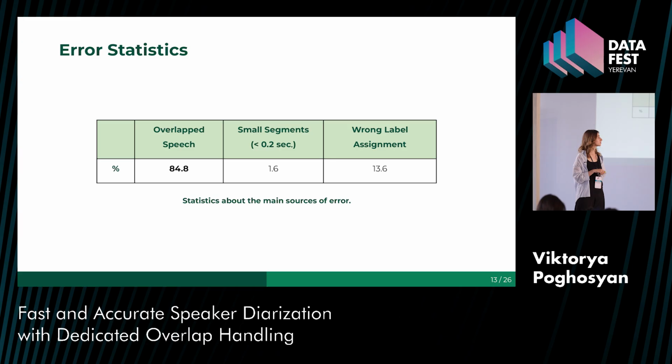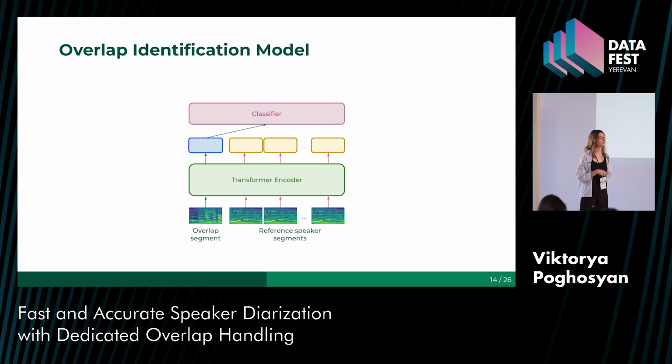And to reduce this error, we trained an 8-layer transformer encoder, whose input is overlapped speech as log-mel spectrogram and some speaker reference segments, also as log-mel spectrograms.